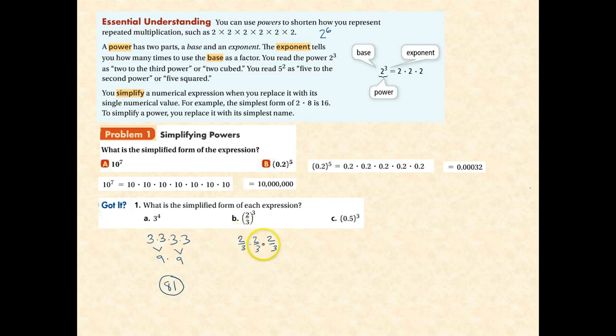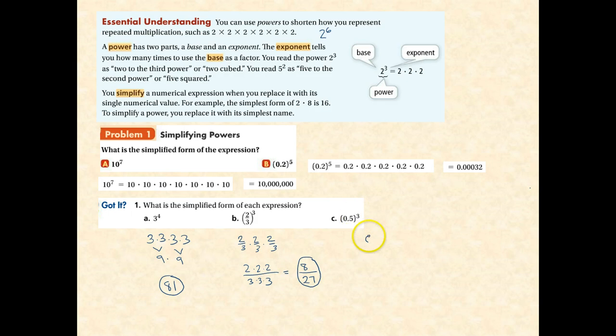On the top we get 2 times 2 times 2, on the bottom 3 times 3 times 3, and that is 8 divided by 27. I know that fraction's not going to reduce because the only factors on top are 2's and the only factors on the bottom are 3's, so nothing's going to cancel out.